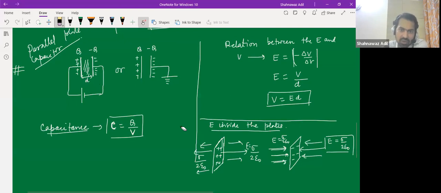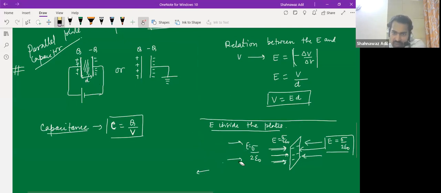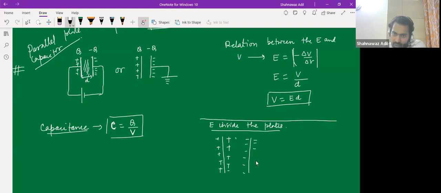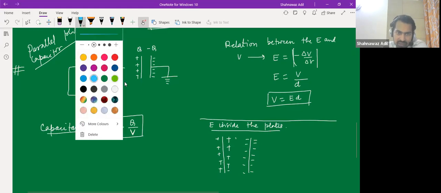To calculate the electric field between these two plates, let us write. We have two plates. This plate is positive, and this one is negative. For this one, the electric field is incoming.